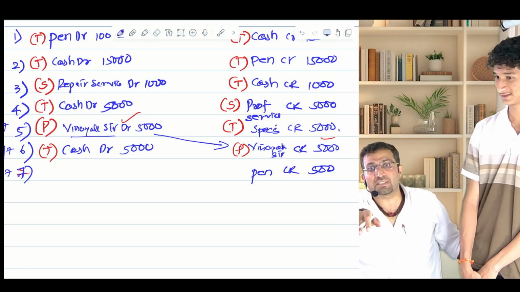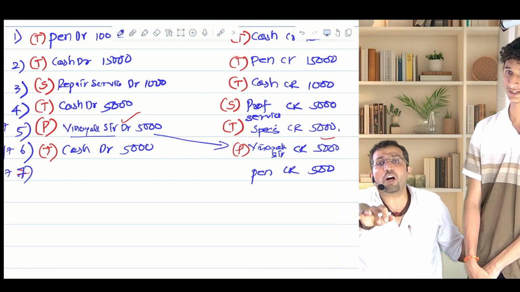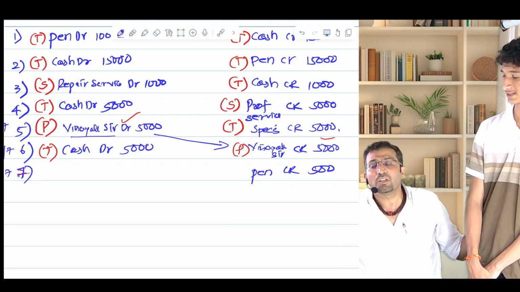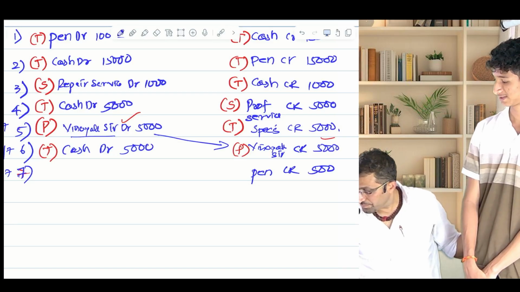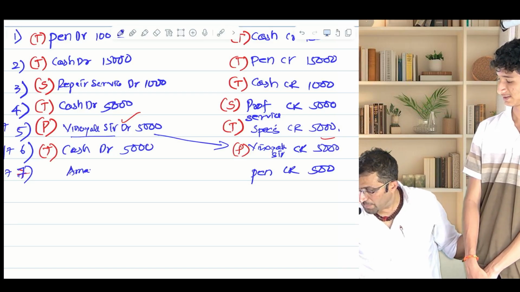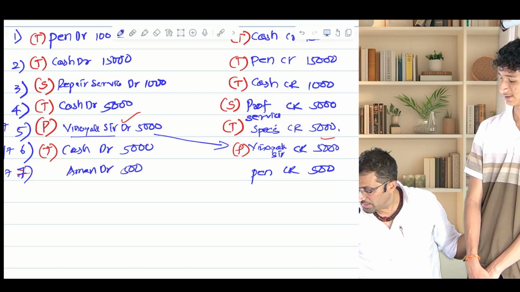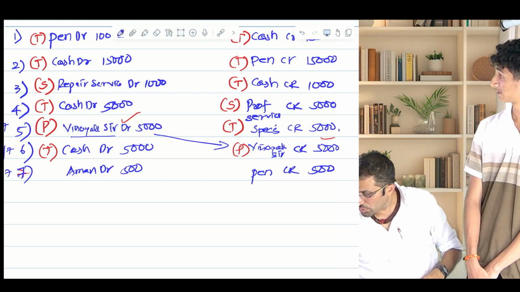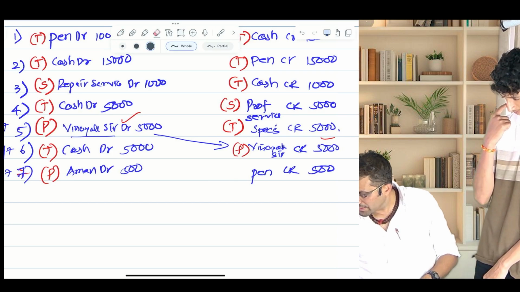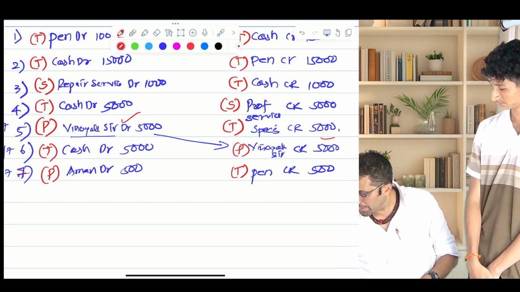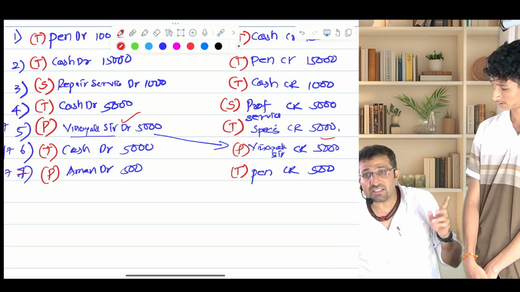He has given the promise. So look from your angle, what did you receive? A promise from whom? Debtors account. Aman, kitna? 500. Okay, so how should I put it now? I should put this as promise and this as thing. Barabar hai?